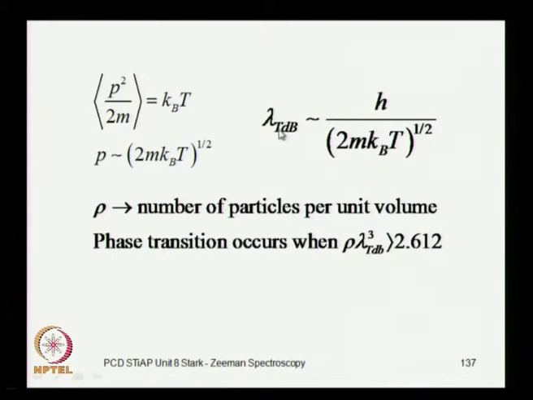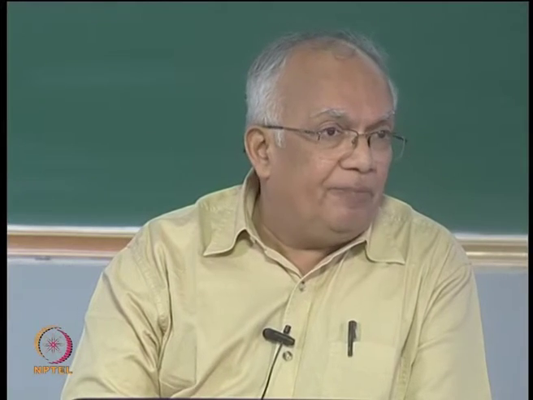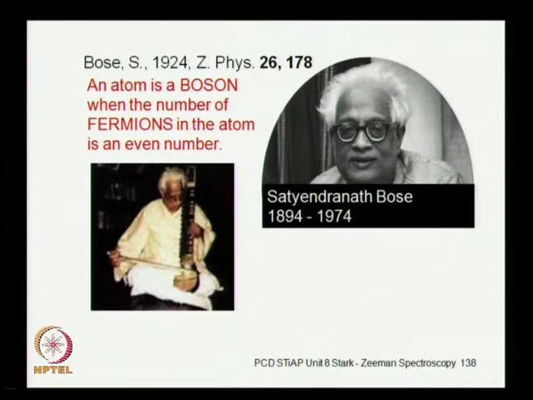If rho is the number of particles per unit volume, then consider the product of rho times lambda cubed, where lambda is the de Broglie wavelength corresponding to a certain temperature T. It turns out that if this number is greater than 2.612, you begin to lose the distinction between different atoms, and all the atoms then undergo a phase transition into a condensate, which is the Bose condensed matter.